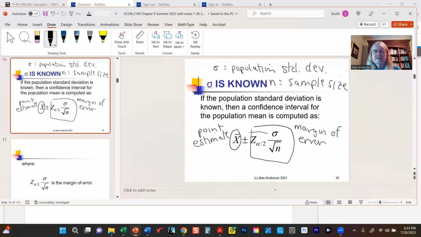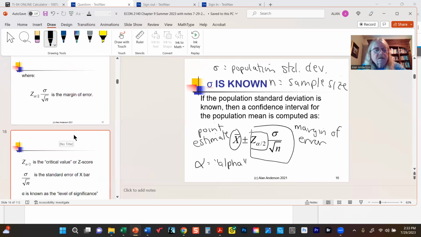What is this? Now that's something new. Clearly, it has something to do with the standard normal distribution, but there's that subscript here. What is this? Well, this is the Greek letter alpha. And then you see that we're going to divide that by 2. So what does this thing mean?